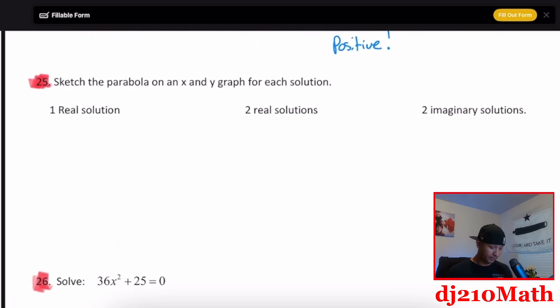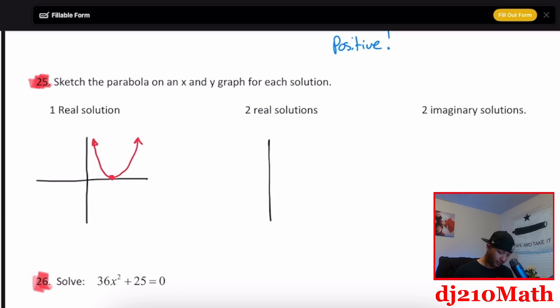Okay. Sketch a parabola on an XY graph for each solution. So if you have one real solution, you're going to have a parabola that sits on the x-axis. The vertex is on the x-axis, and it sits like this. This is what one real solution would look like. 2 real solutions, you're going to have a parabola that crosses the x-axis twice.